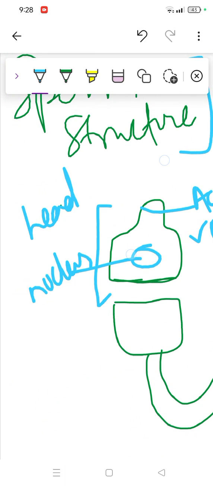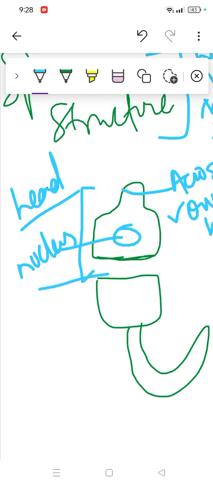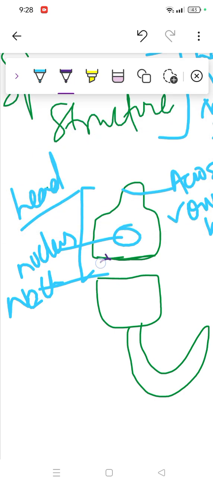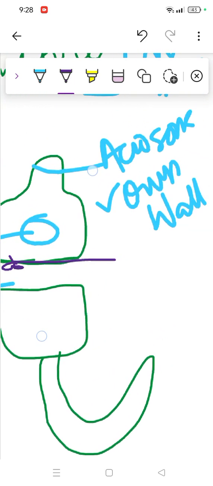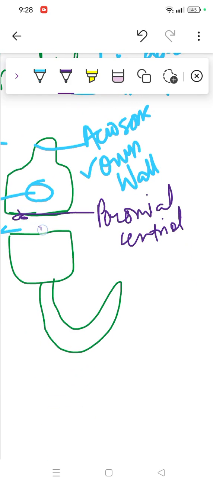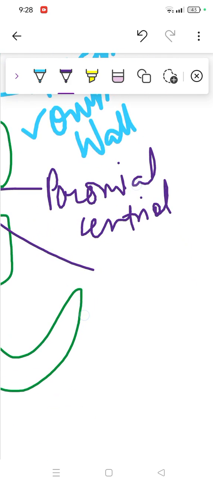So here comes the head region, then this is the neck region. On the neck you'll find an opening over here that's called the proximal centriole, and over here this is called the distal centriole.